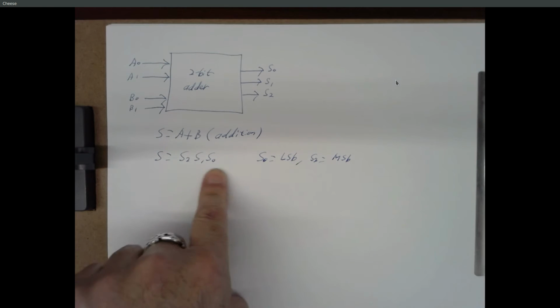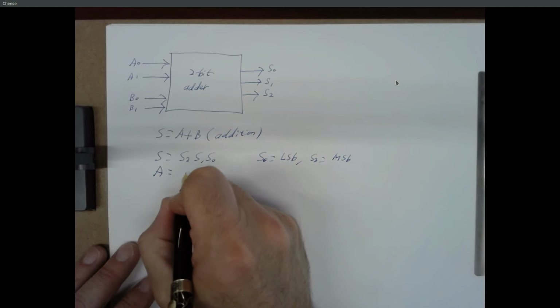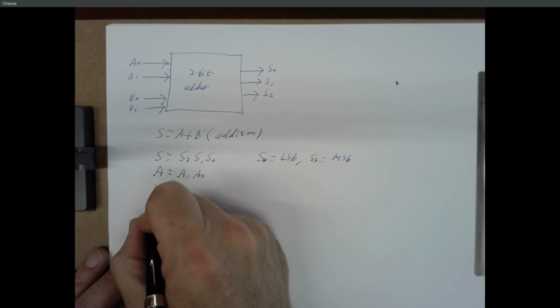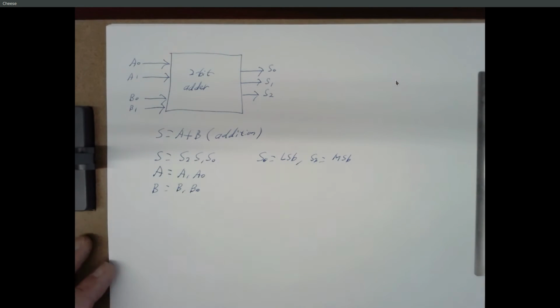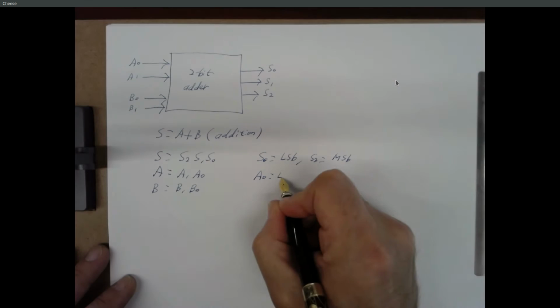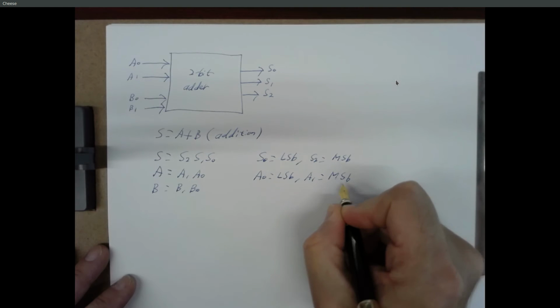Or I can just write down what these look like side by side. I'm going to do the same thing for A. The number A which is being added is A1 followed by A0, and the number B is B1 followed by B0. And if I went with this language, I would write something like this.